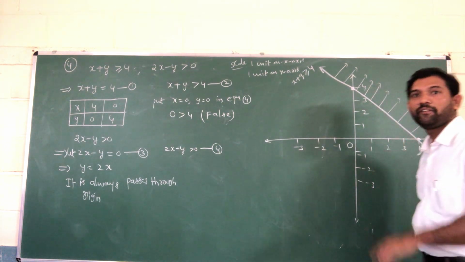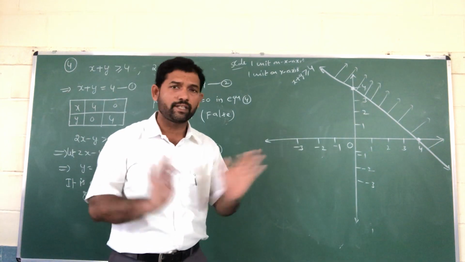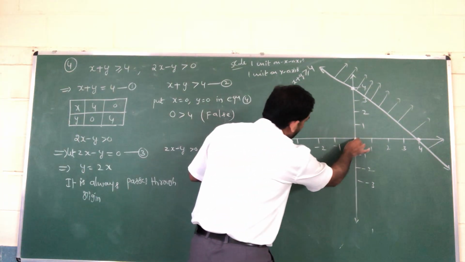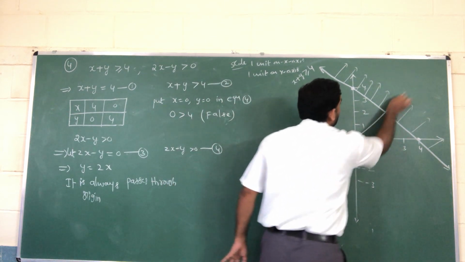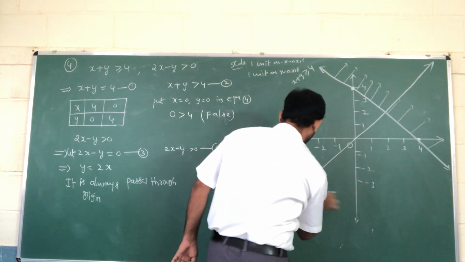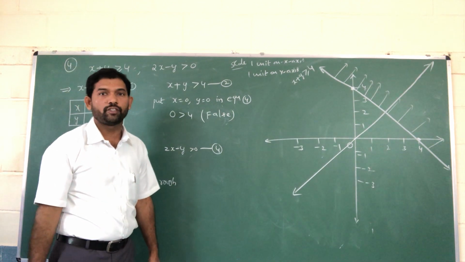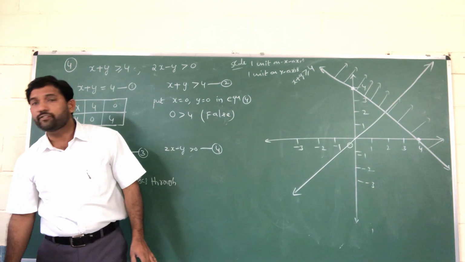Next, I said very clearly, y is equal to 2x. You don't take box, you don't take x equal to 0, y equal to 0. So the y is equal to 2x line always passes through the origin. It is positive, so positive means this one. Next one is greater than 0.